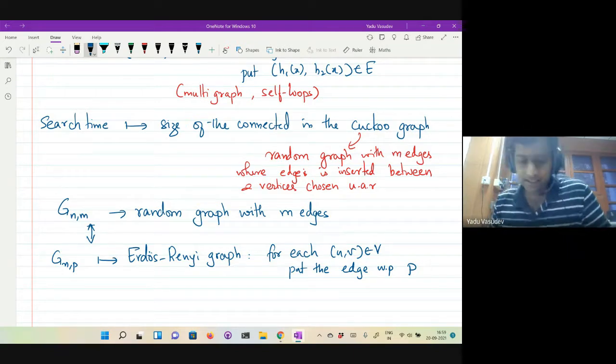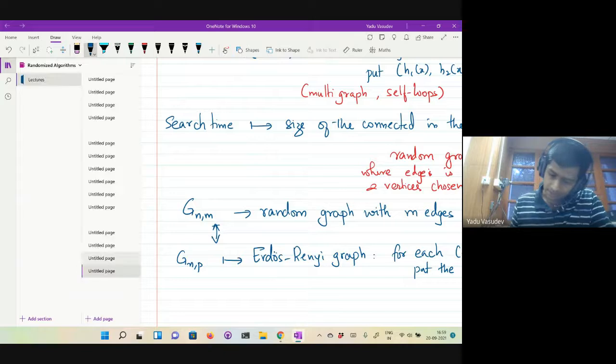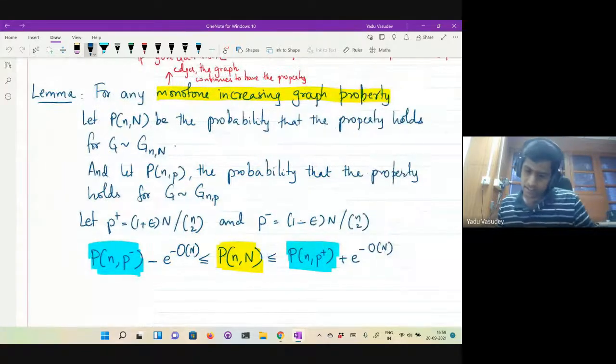And the theorem that we saw, maybe I'll just briefly look at it right now. This was the theorem that we stated.